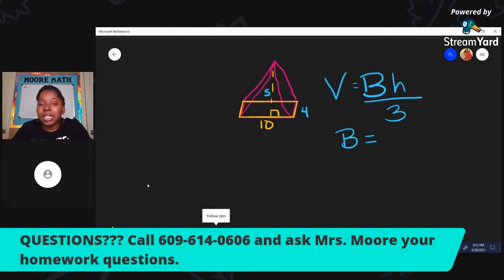So just to make sure you see it clearly, I know my thing is messed up. This 10 goes for this side right here. The 4 goes for this side. And this dotted line right here, that's the 5. Okay. So what two numbers am I looking at for the rectangle? 10 and 4.